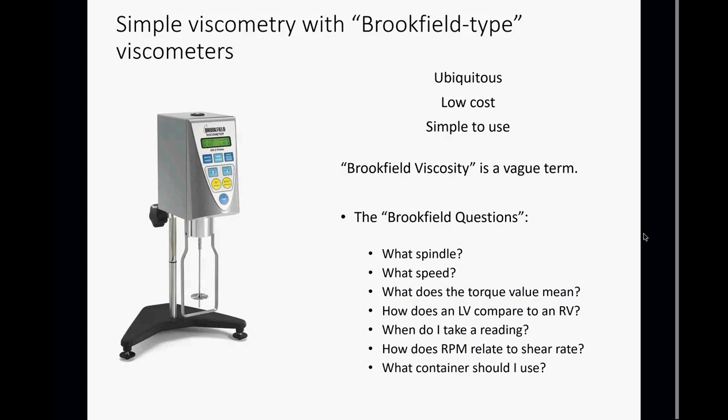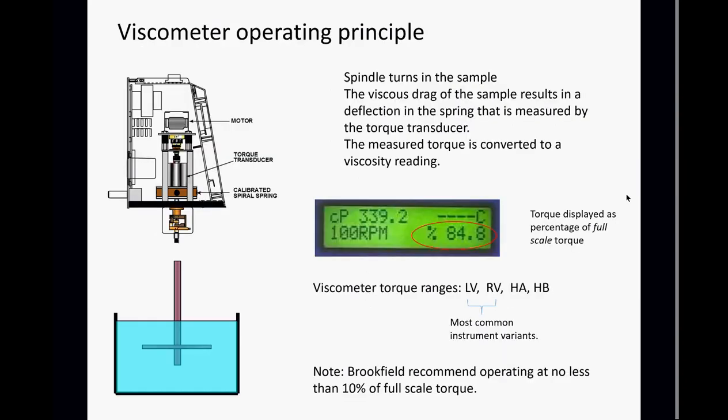And a lot of that confusion and issues with non-alignment of test methods really revolves around what I call the Brookfield questions, or the viscometer questions. These are the typical issues that are likely to lead to two labs measuring the same product and getting different results. So it's important that we can try and nail down a lot of these issues.